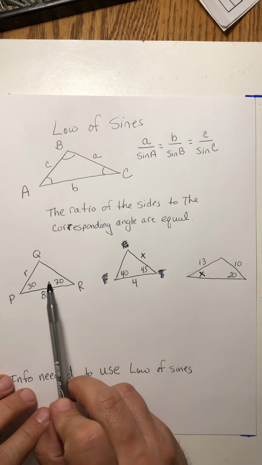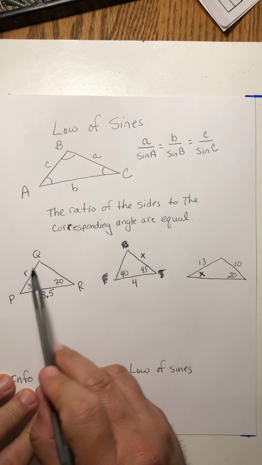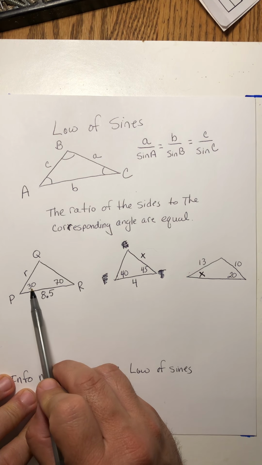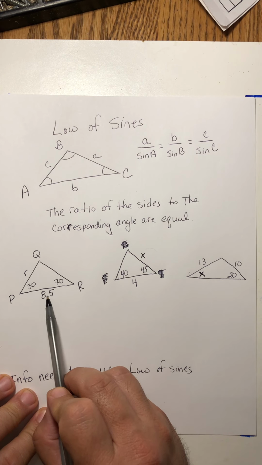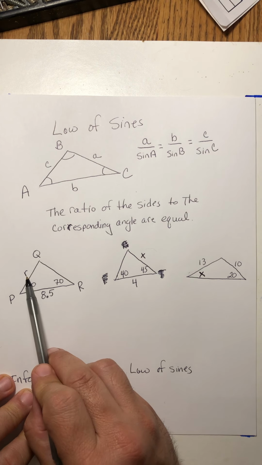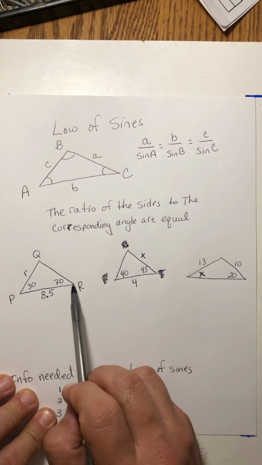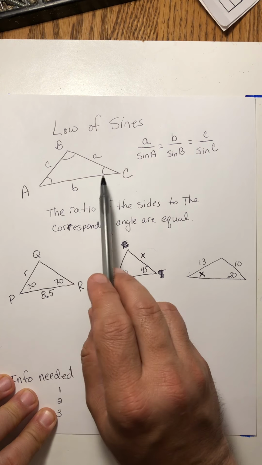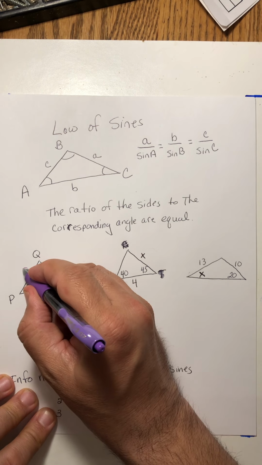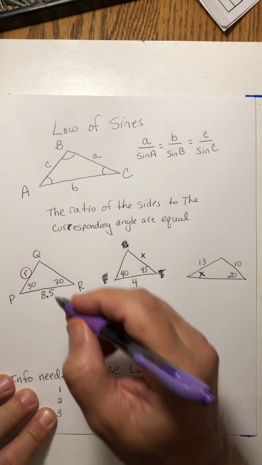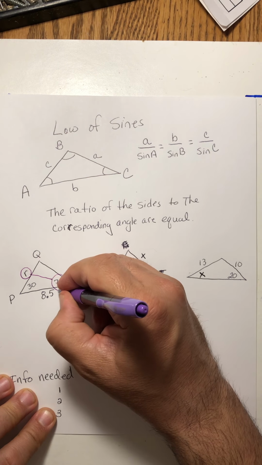In my first example, we are looking at a triangle where we have these two given angles and this side, 8.5, and we're going to be looking for lowercase r. Notice I did not use any letters of A, B, and C because all we have to worry about is setting up a proportion. This is the side that we're looking for, which is across from this angle.